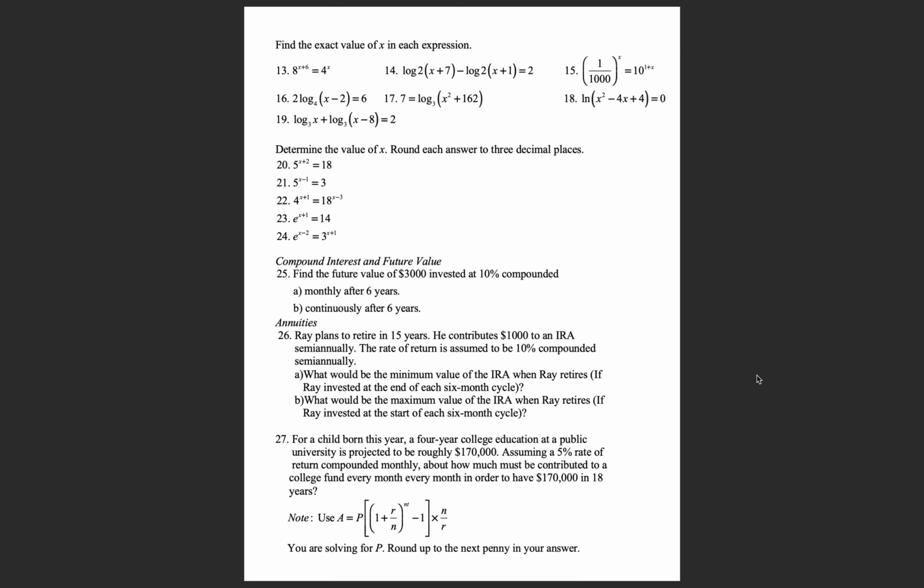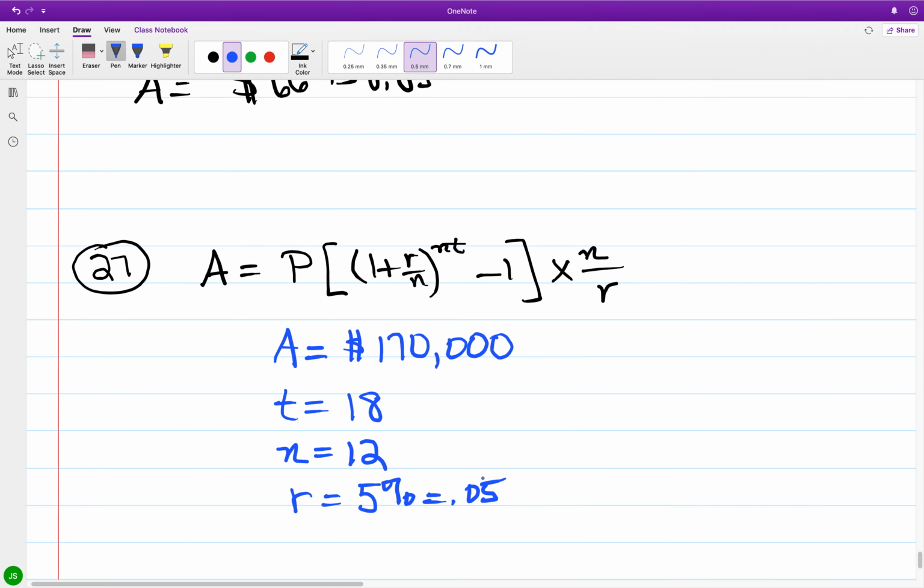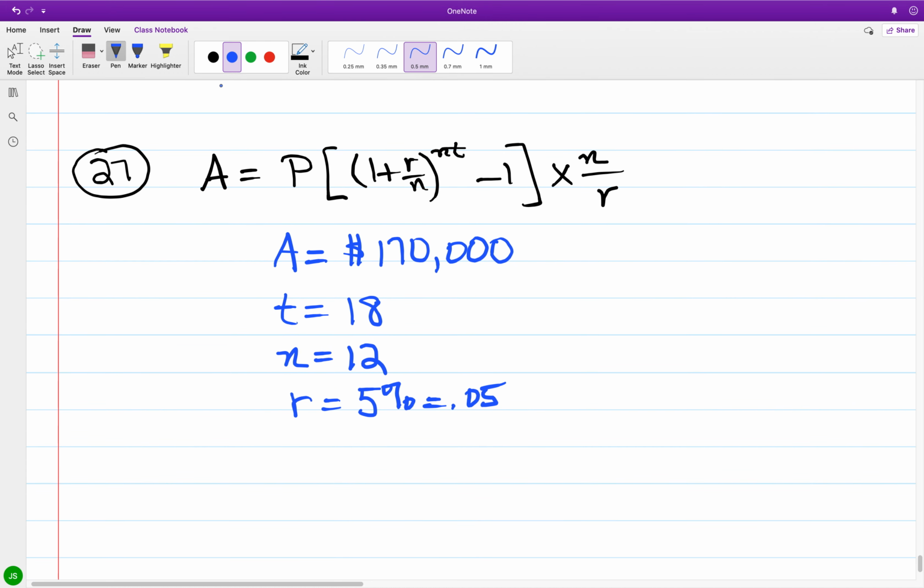All right. So in 27, we're looking at solving for P. The goal is $170,000, projected into the future. The time span is 18 years. The frequency of the deposits as well as the compounding of interest will be on a monthly basis, so N is equal to 12. And the rate of interest is 5%.